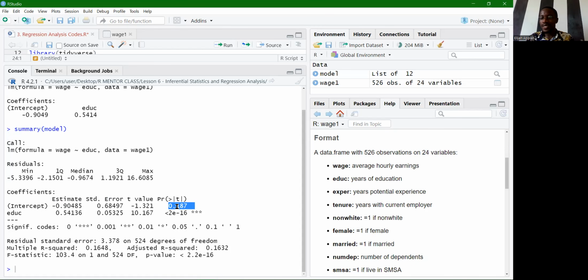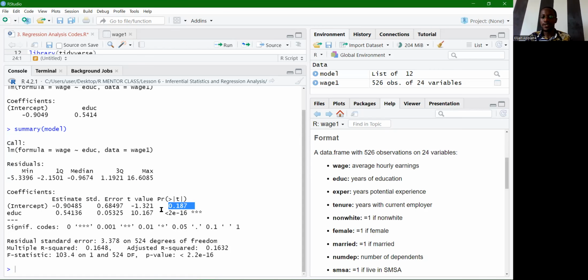If we are dealing with a 95% confidence level, then the significance level is 5%. 5% means 0.05. So this p-value is 0.187. Let's compare with 0.05. Is it less than or greater than? If it is less than 0.05, we reject the null hypothesis. What is the null hypothesis? That the estimate is not significant. So if you reject it, it is significant.